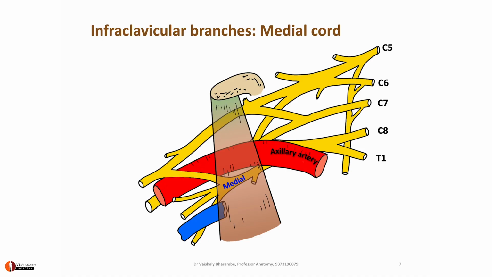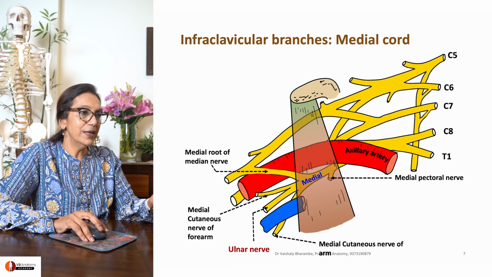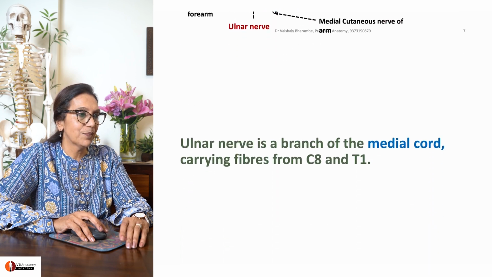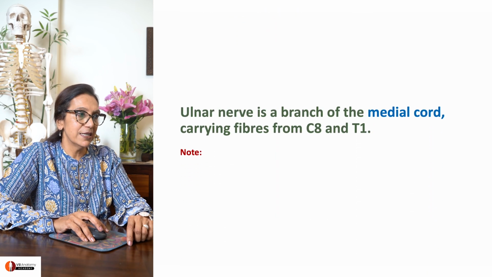You can see how it gives rise to 5 nerves: medial pectoral nerve, medial cutaneous nerve of arm and forearm, medial root of median, and finally also the ulnar nerve, which is the nerve for today. So ulnar nerve is a branch of medial cord of brachial plexus, carrying fibers from C8 and T1.